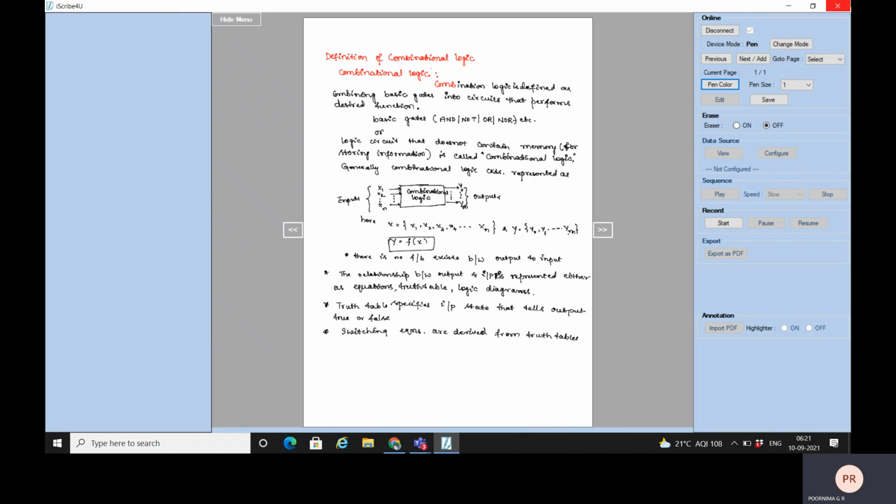Further, using these switching equations, we can realize using the basic gates. So this is the importance of switching equation.